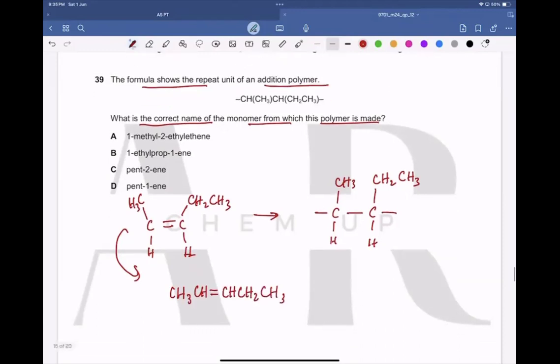So see, there are 5 carbon atoms, and between carbon 2 and carbon 3, there is a double bond. So the name is going to be pent-2-ene. So B goes wrong, A goes wrong, and the correct answer is C. Is this understandable to all of you?